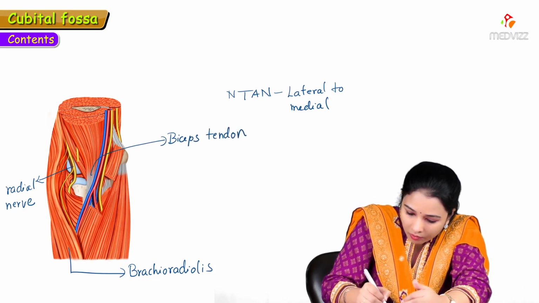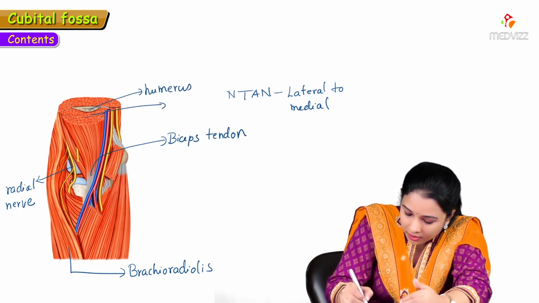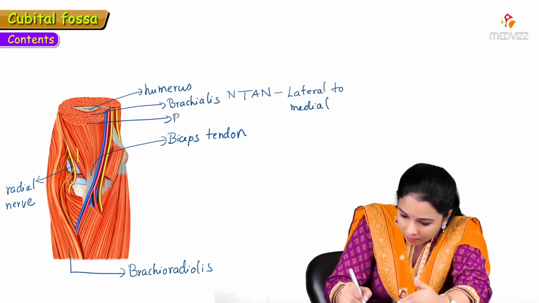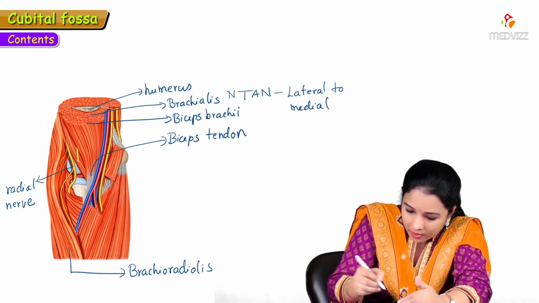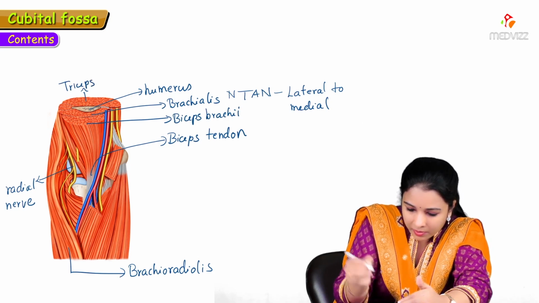So in cross section, if you see here, this is humerus above, and the deeper muscle here is the brachialis, which is present anterior to the humerus, and the muscle which is present in front of brachialis is biceps brachii, and posterior to the humerus, this is triceps muscle.